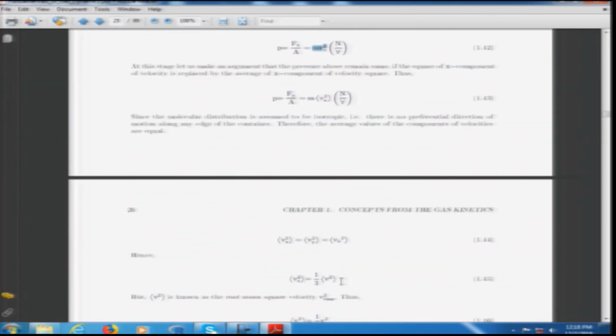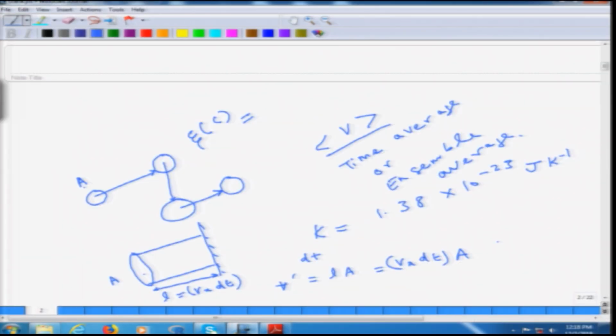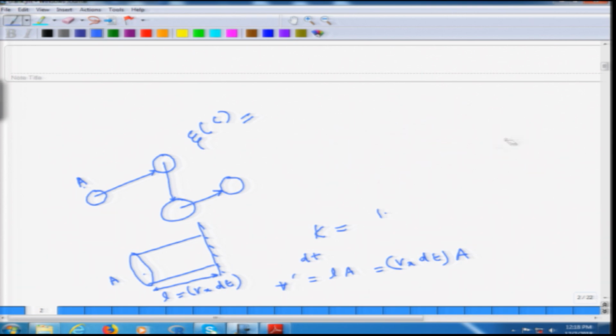Therefore, what we essentially try to say here is that the ensemble average of the speed in the x direction is equal to that in the y direction and in the z direction; all three components are the same. Therefore, if we take the ensemble average of the square, we find that the total is 3 times the ensemble average of Vx square.